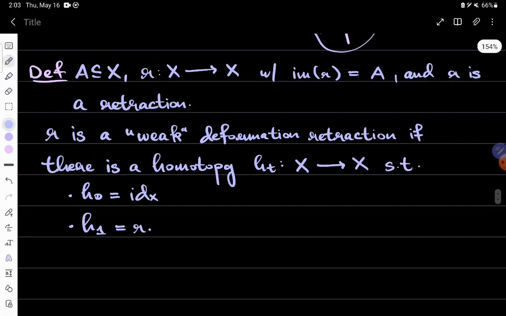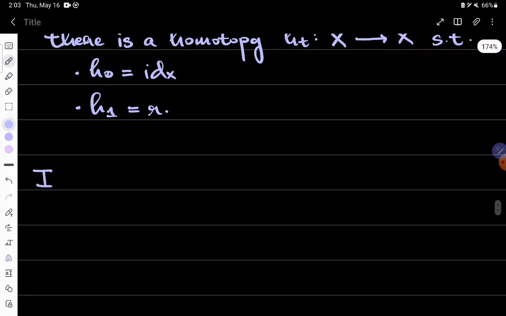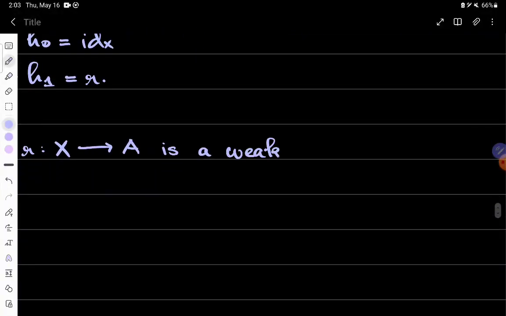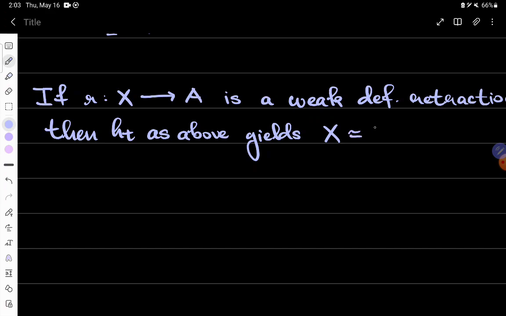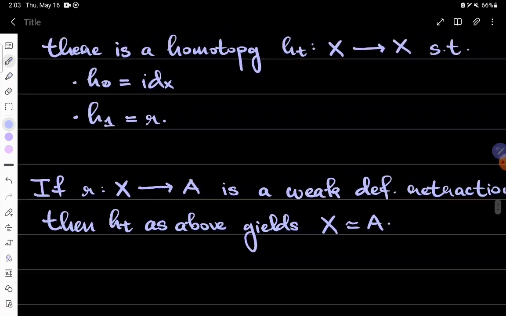Okay, and note that if R from X to A is a weak deformation retraction, then H_t as above yields a homotopy equivalence between X and the subspace A. Okay?